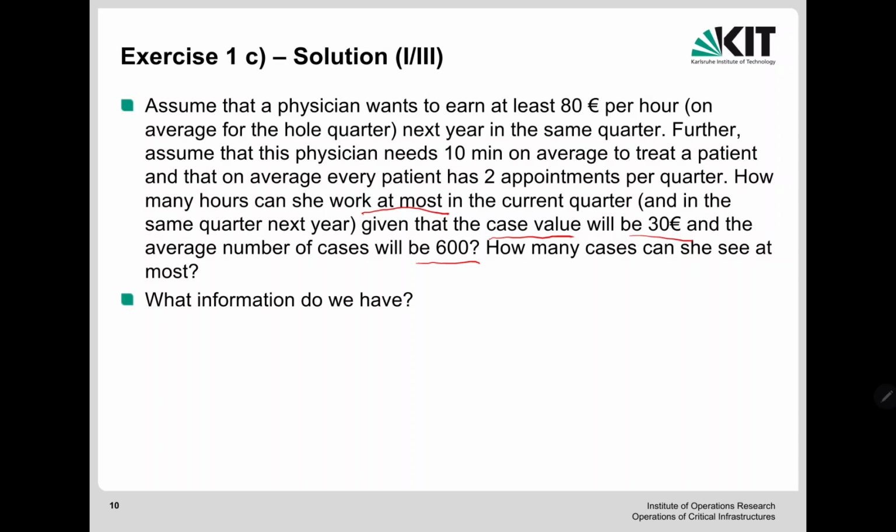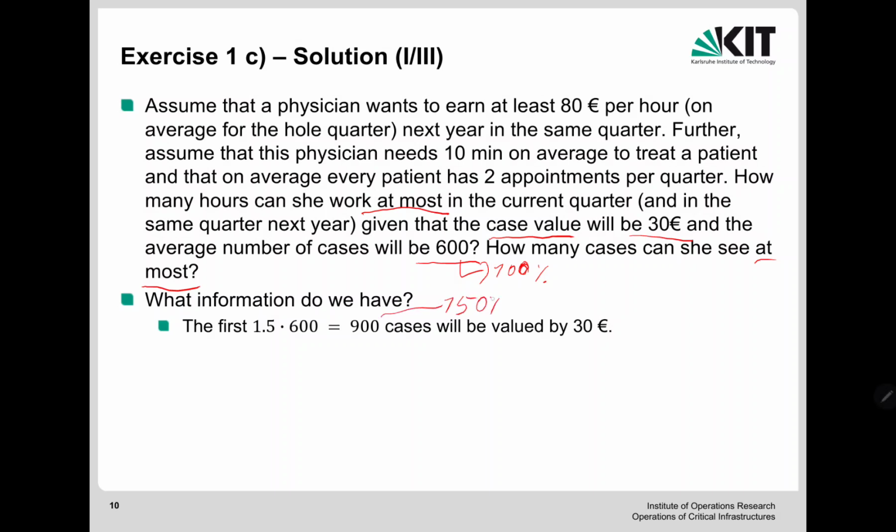So the question is, how many cases can she see at most? Again, at most is the crucial part here. And what do we know again? First of all, we know that if 600 is the 0%, the average, then 900 is 150%, for which she gets 30 euros.